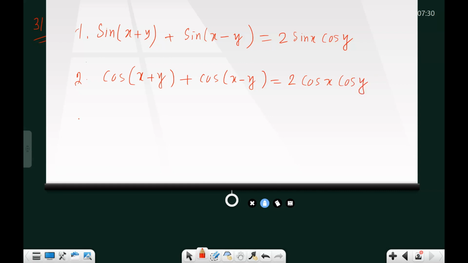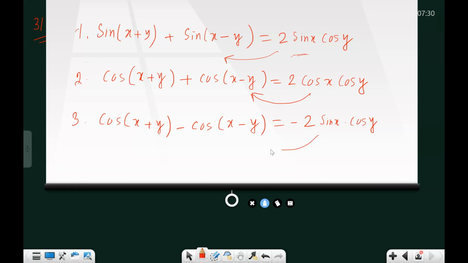And the third one, number 3: cos of x plus y minus cos of x minus y is equal to minus 2 times sine x sine y. So these three formulae you have to know. From these types of terms, you can use the formula to get this, or from this you can write this. So come to the main problem.